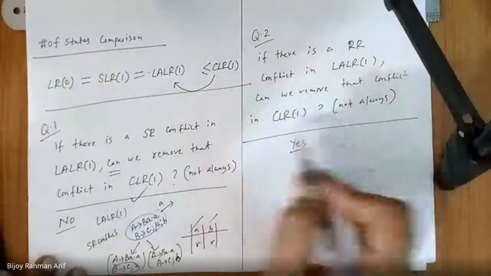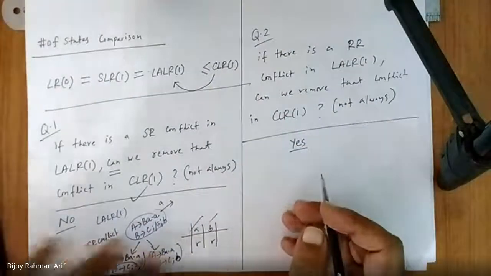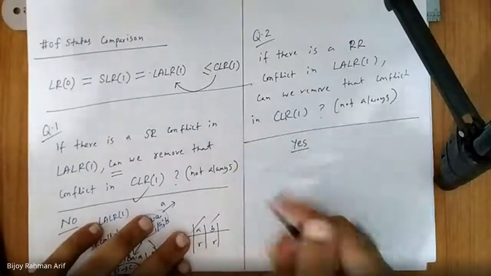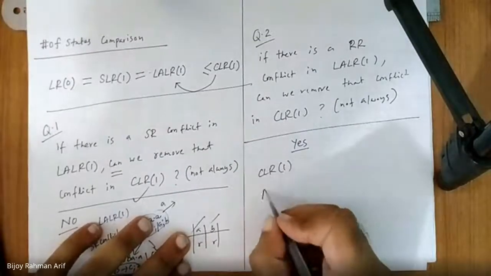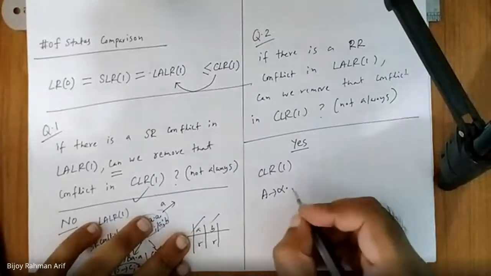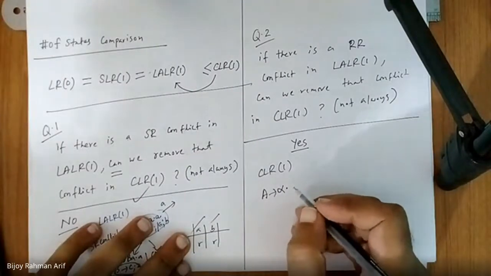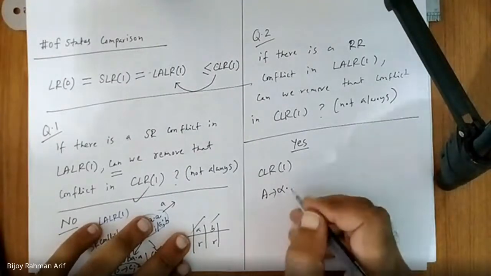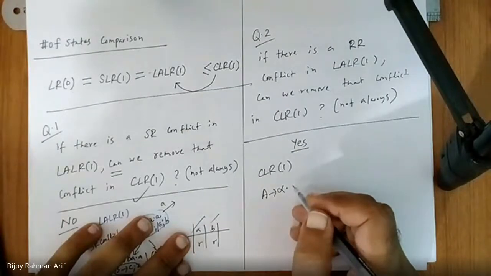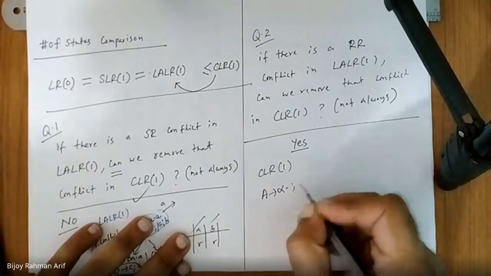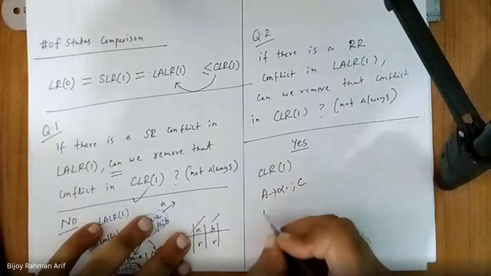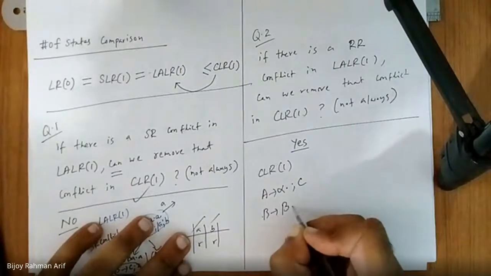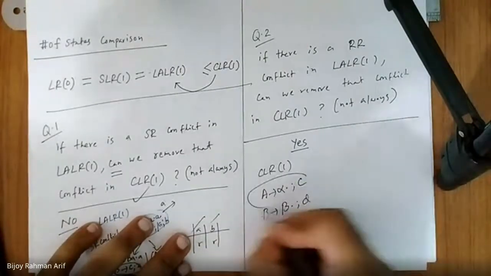Now, let me give you another example. Let's assume in CLR1, I have a move like this. A derives alpha dot, and in one place I have a move on lookahead C, and I have B derives beta dot, I have a move on B. So it is fine.